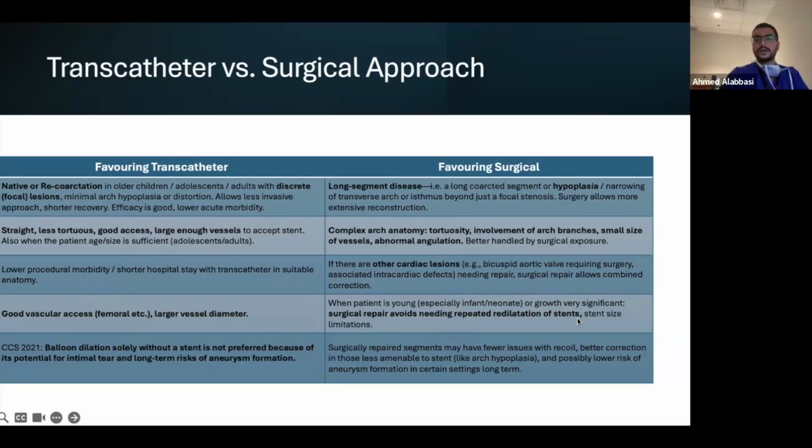And when the patient is young or would grow, we would favor a surgical approach, as you may need repeated redilatation of the stents in the future as the patient grows.